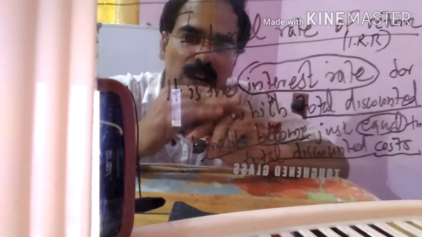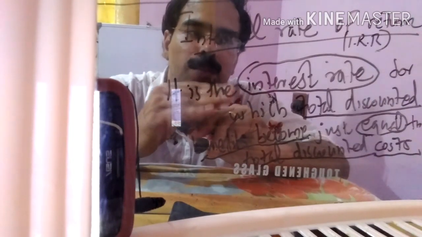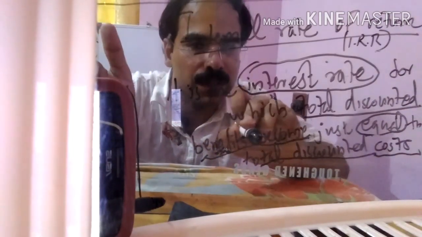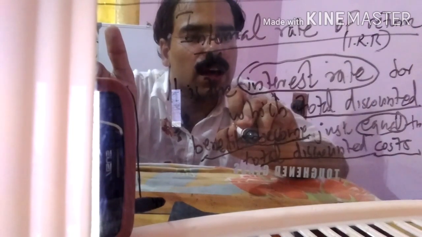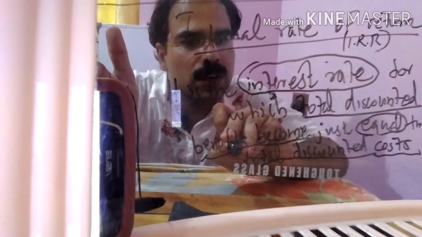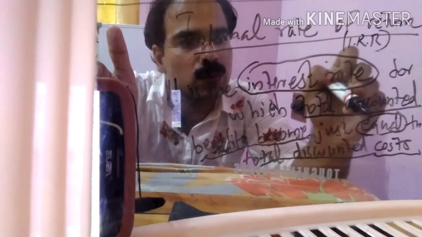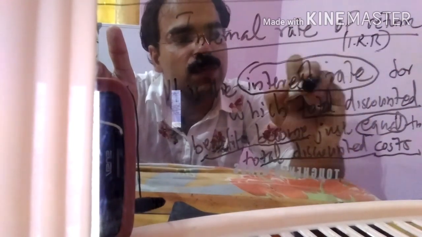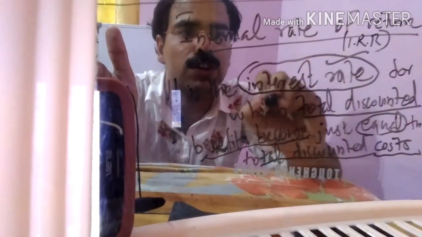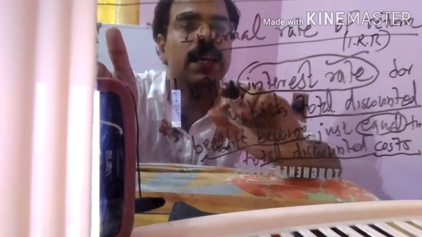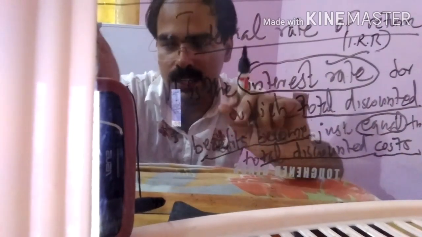In order to nullify all those costs, we get some benefits. So once the discounted benefits and the discounted costs are equal, what will be the interest rate? To represent that, we use the term internal rate of return.